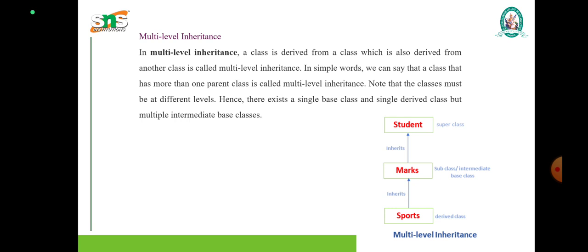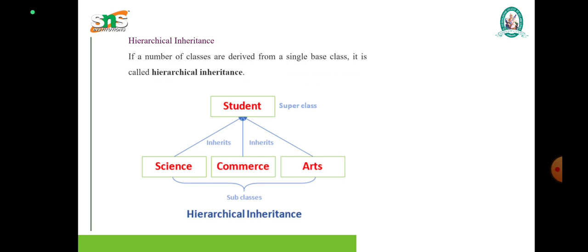Note that the classes must be at different levels. Hence there exists a single base class and single derived class, but multiple intermediate base classes. Student is the superclass, where marks is the subclass, and sports is the derived class. Next is an example for multi-level inheritance.